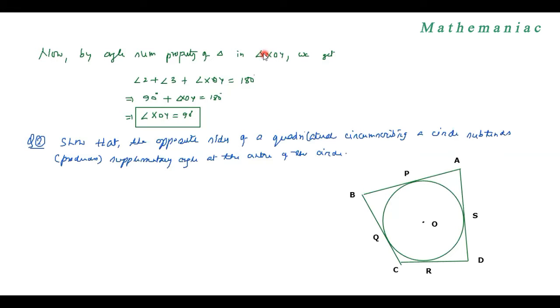So very clearly you have understood that we have to now join some other lines as well. Without joining that, the proof will not be possible. So we have joined this, that angle AOB is formed. Then now we are going to form the angle COD. This angle COD is formed.